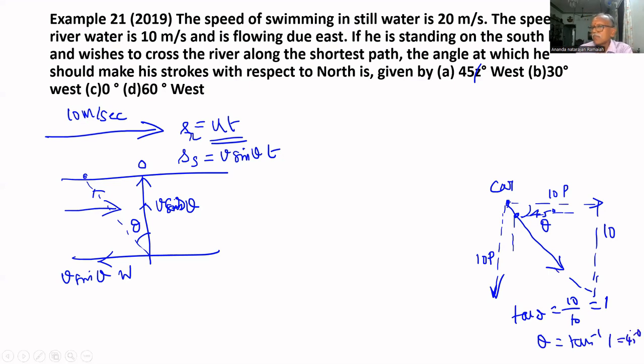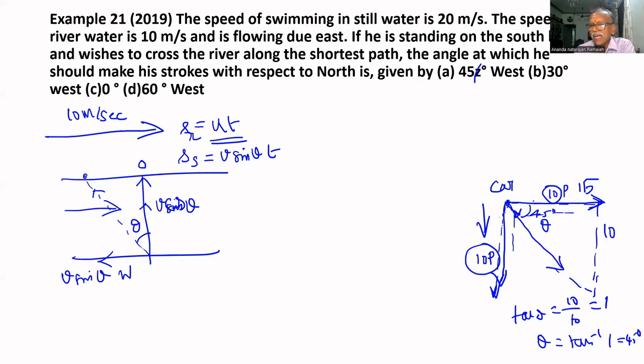So if you want to move this way, you can apply one component along the x direction, another component along the y direction. These two are independent. Suppose instead of 10 you make this 15, this angle will change, but there won't be any change in this direction's displacement.